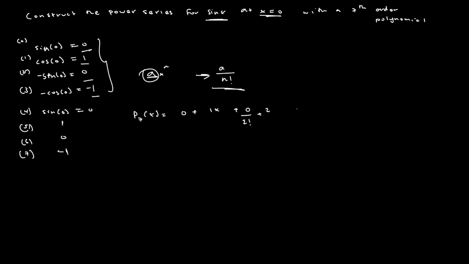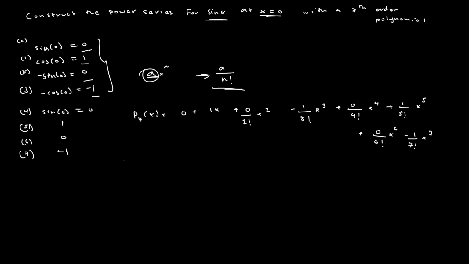And then we get minus 1 divided by 3 factorial times x cubed, plus 0 divided by 4 factorial times x to the power 4, plus 1 divided by 5 factorial times x to the power 5, plus 0 divided by 6 factorial times x to the power 6, minus 1 divided by 7 factorial times x to the power 7.